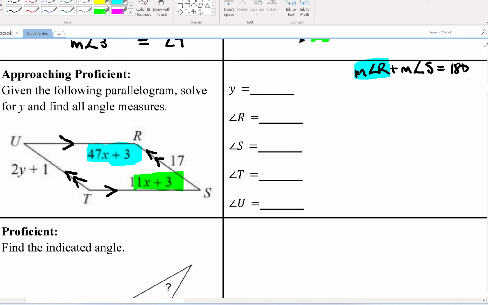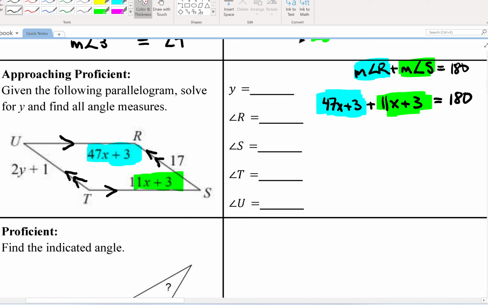The measure of angle R is this one that's blue, and the measure of angle S is that one that's green. So I can write my equation: 47x plus 3 plus 11x plus 3 equals 180 degrees.